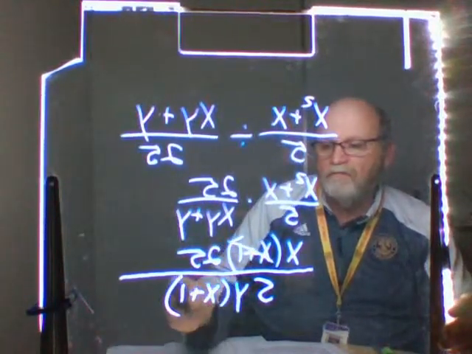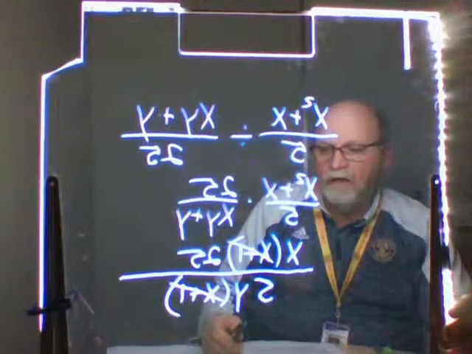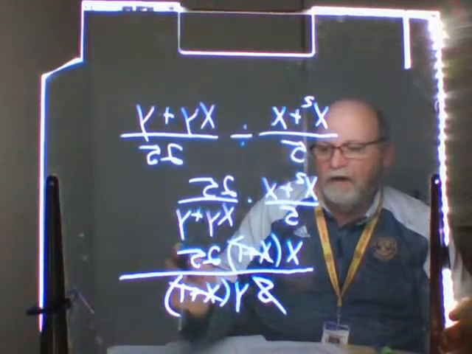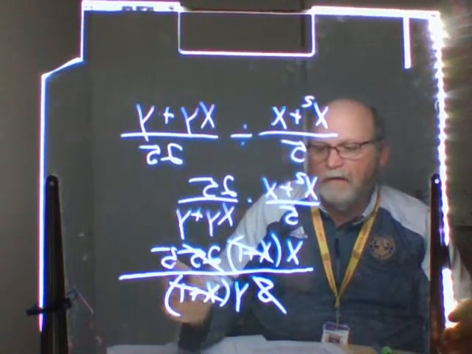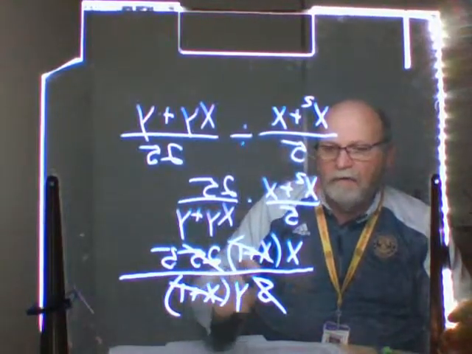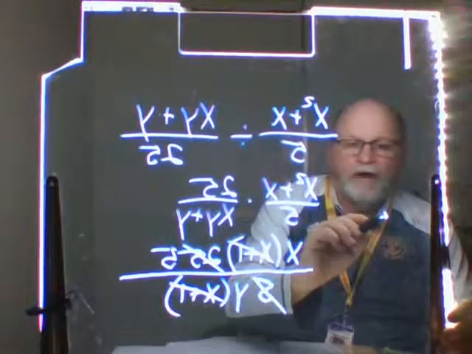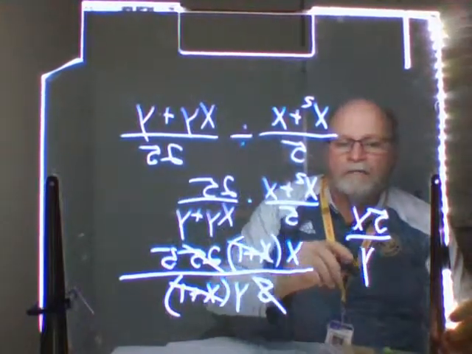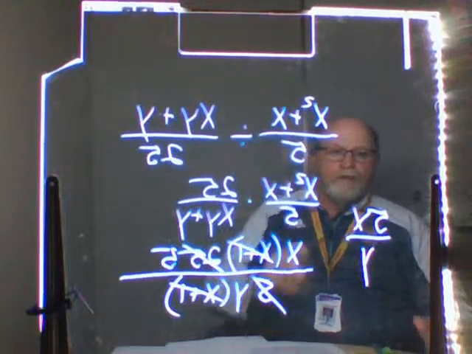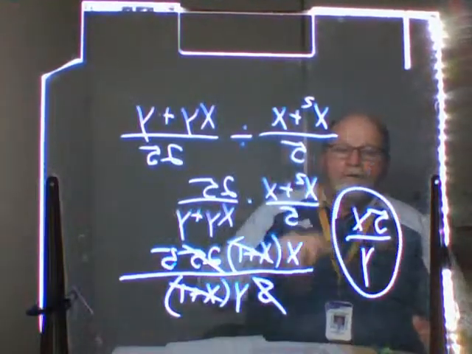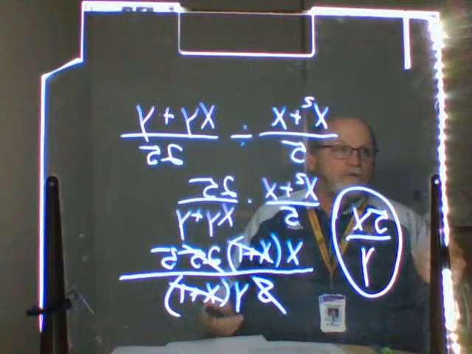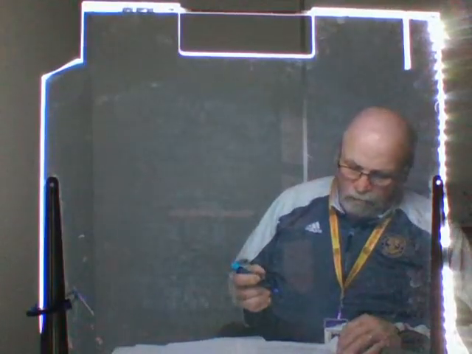Cancel here, whoop, bang, that's gone. 5 goes into 25, 5 times, so I do that. And so now I have 5x over y with that one. So that's what we have. Now, if you have to find excluded values, then you should.